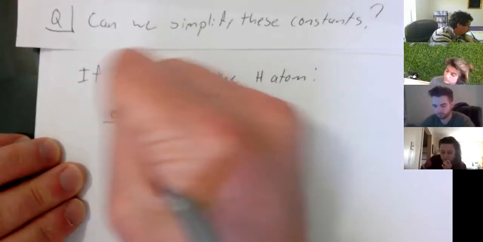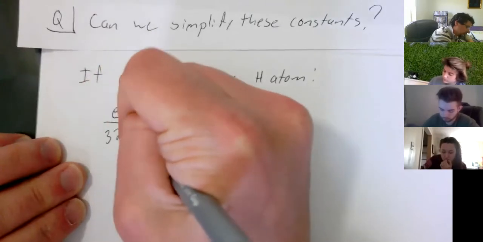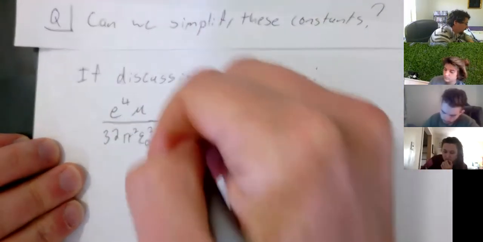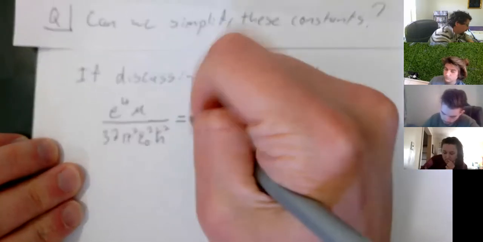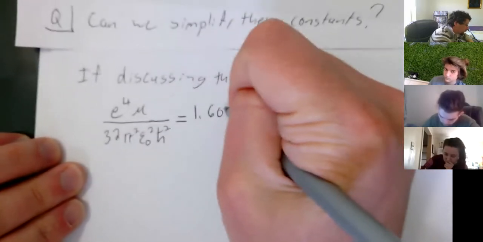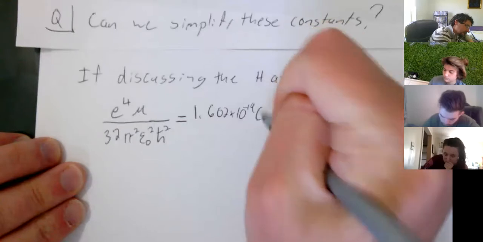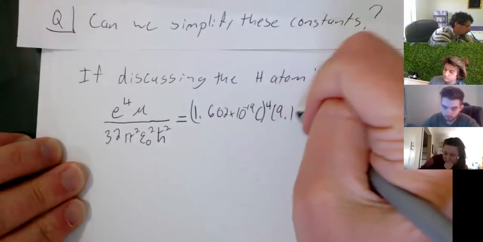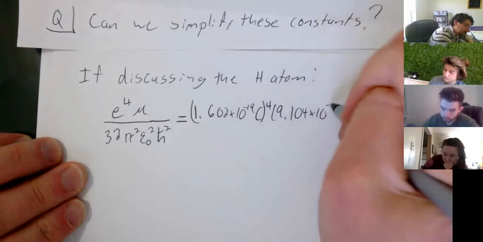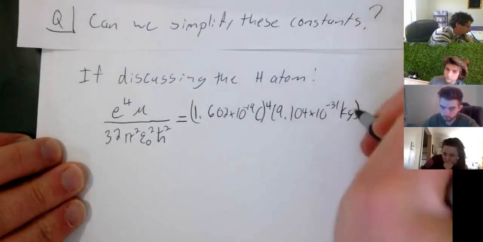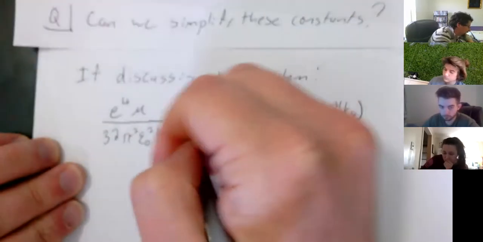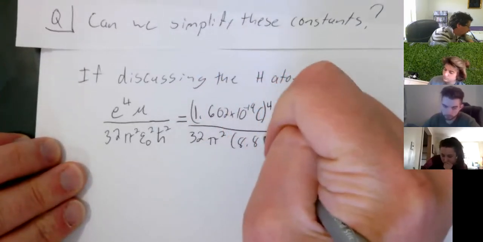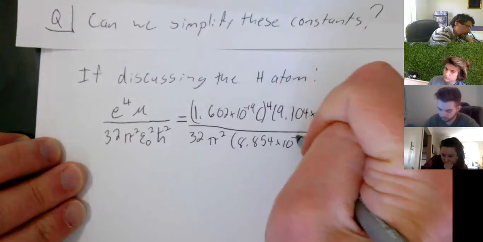So e to the fourth mu over 32 pi squared epsilon naught h bar squared. If we look at these values, we have 1.602 times 10 to the minus 19 coulombs to the fourth, 9.104 times 10 to the minus 31 kilograms, all divided by 32 pi squared, 8.854 times 10 to the minus 12.